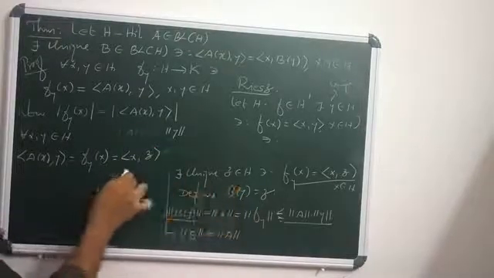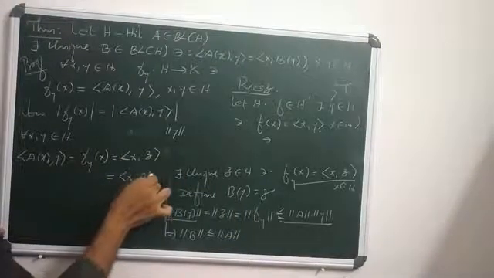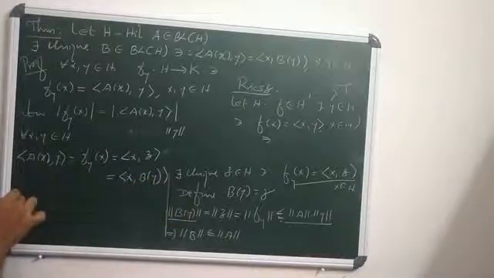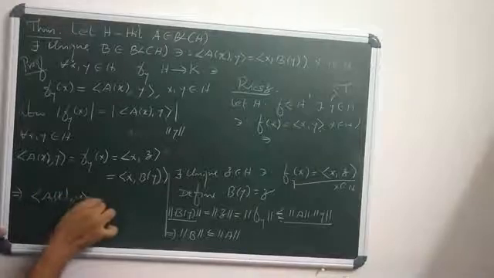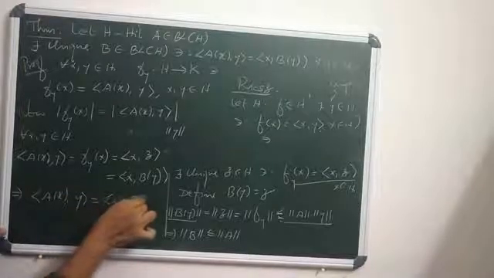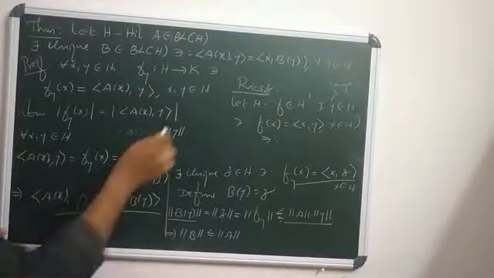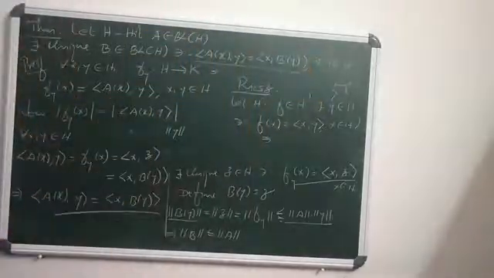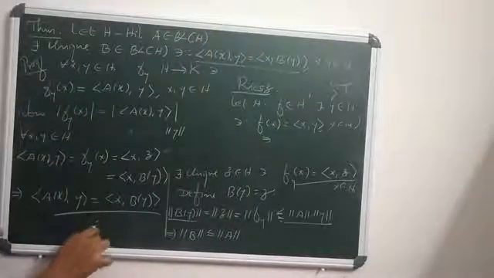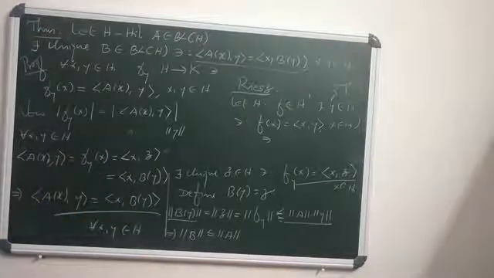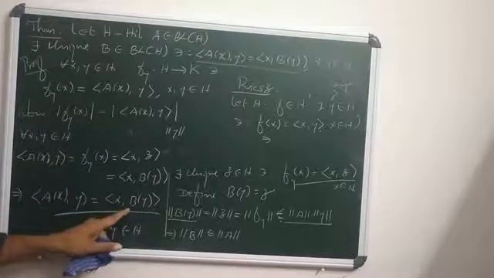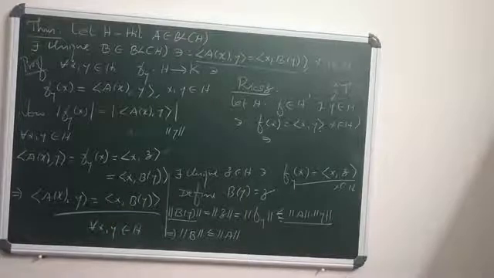H is By, so that is inner product X By. So inner product AXY equals inner product X By. So our relation is established for all x, y in H: inner product AXY equals inner product X By.